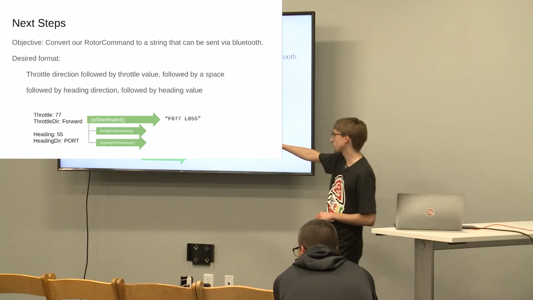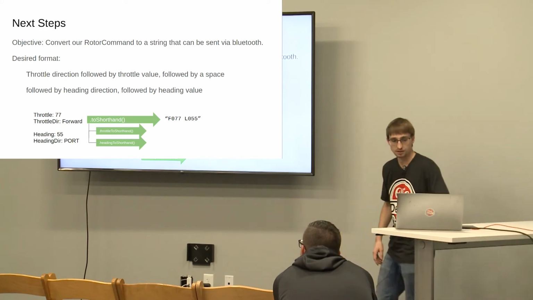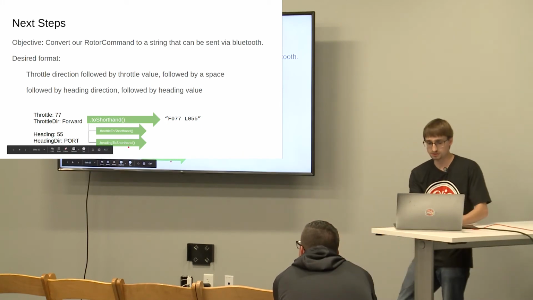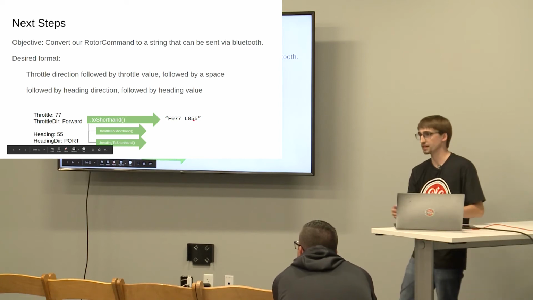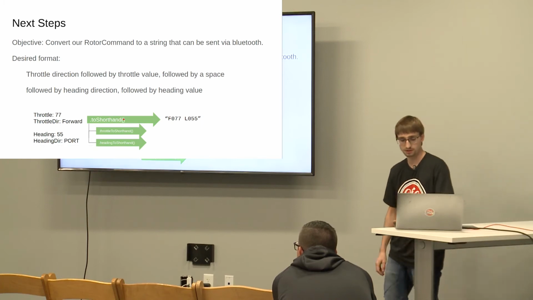I broke this toShorthand apart into 2 smaller methods, throttleToShorthand and headingToShorthand. So throttleToShorthand will just build the left half, and headingToShorthand will build the right half, and then they're just concatenated together and output by this main method.